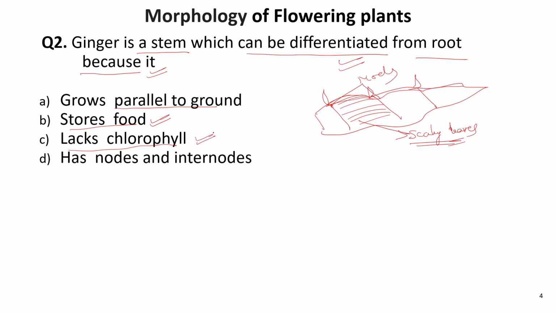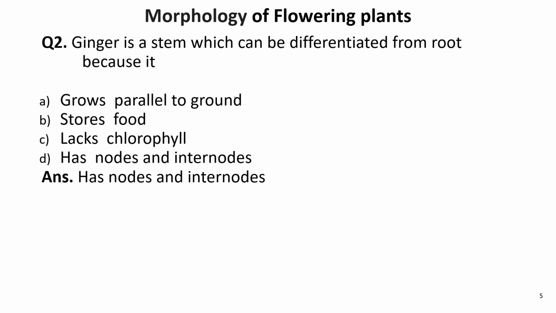So this is also the correct statement. And they have nodes and internodes. So ginger is a stem which can be differentiated from the root, because now all the statements are correct for the ginger, but it is compared with the root. It grows parallel to the ground. Roots never grow parallel to the ground. And stores food. Yes, sometimes they store food.